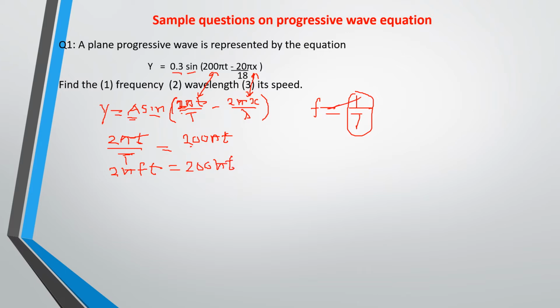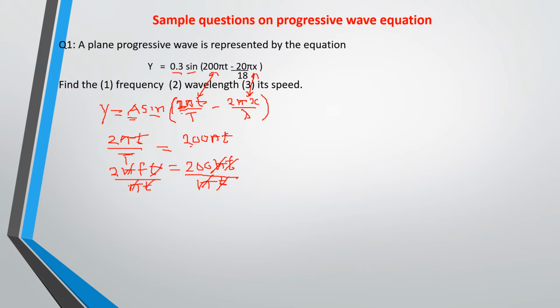Having written that, you can now divide both sides of this equation by pi t, because that is what is common. This cancels out, and this cancels out.